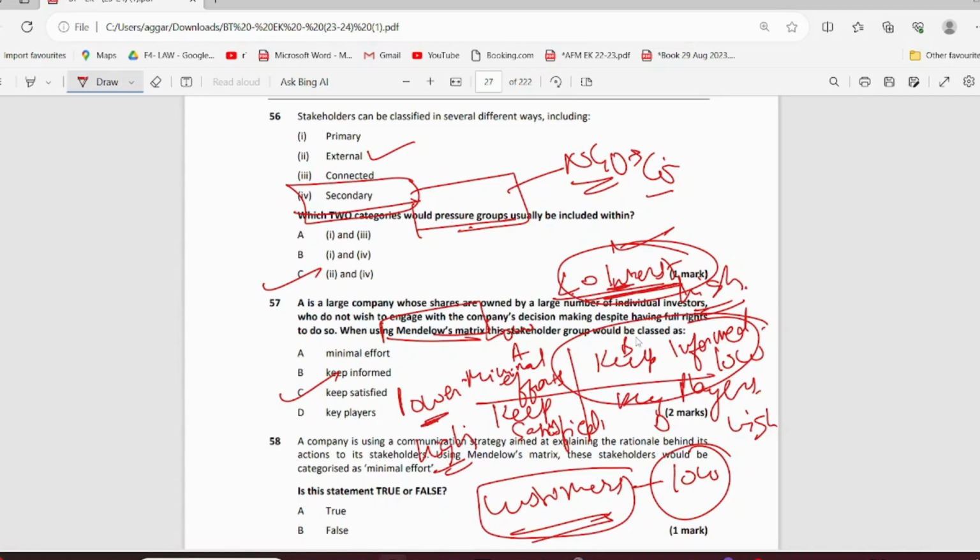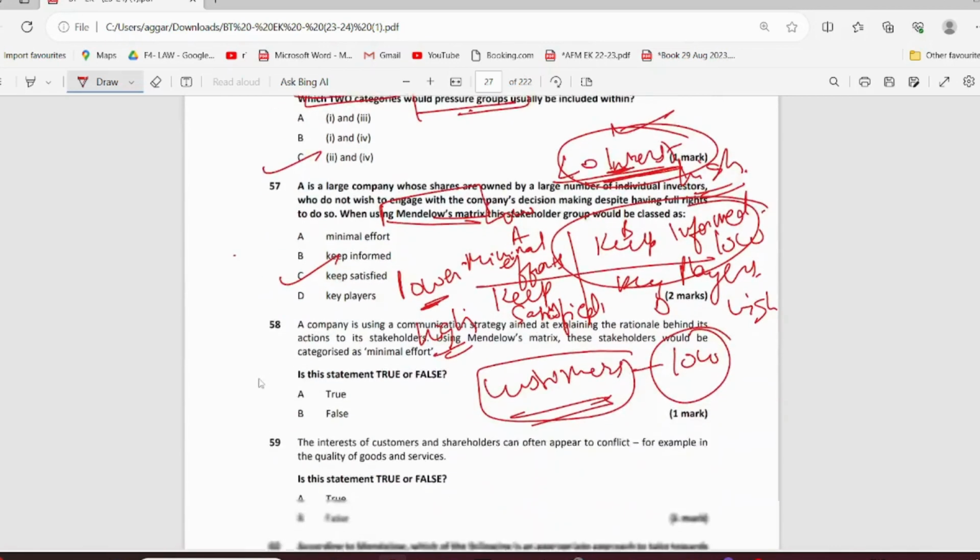Just like big companies keep us informed that this product is coming next, this is what they're doing for the environment, this is what they're doing for the people. They're keeping them informed because they have high interest, but they do not have a lot of power, right? They do not have to keep them satisfied, they do not have to ask them because they do not have power, right? So let's move forward with the next question.